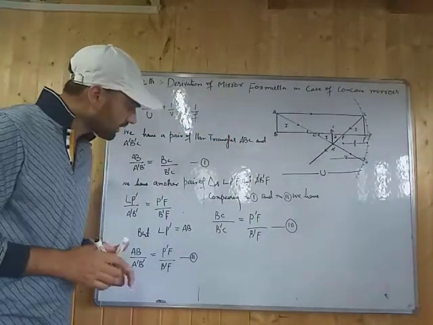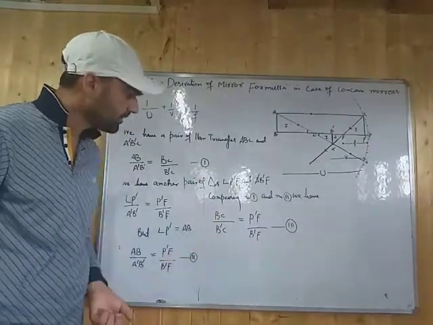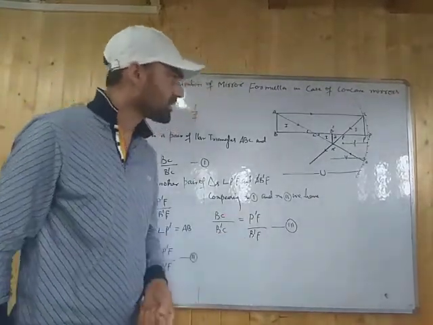Now we should know what BC, B dash C, P dash F and B dash F are.